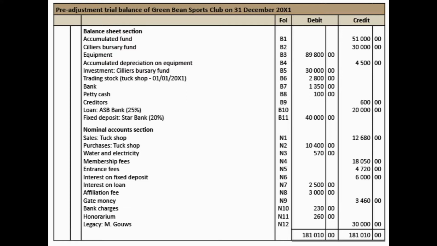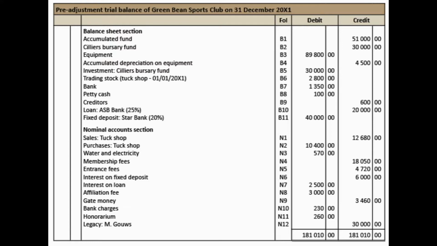All right, and then we get to the last one, number 10 of the adjustments. 1/3 of the legacy has to be capitalized and the balance may be used as current income. Okay, so let's see, do we have a legacy at this stage? In a nominal account there right at the bottom, legacy MGOs, 30,000. Remember when we received that money, we debited bank and we credited the legacy.